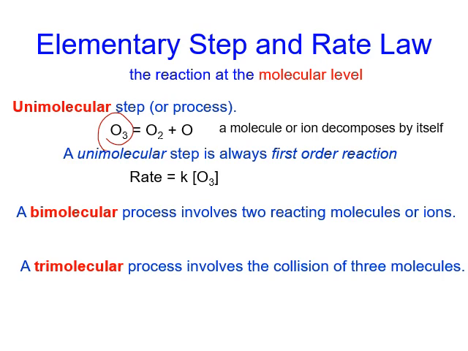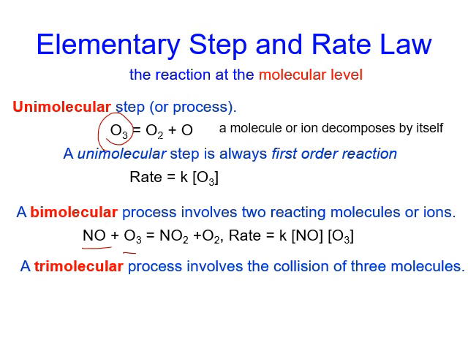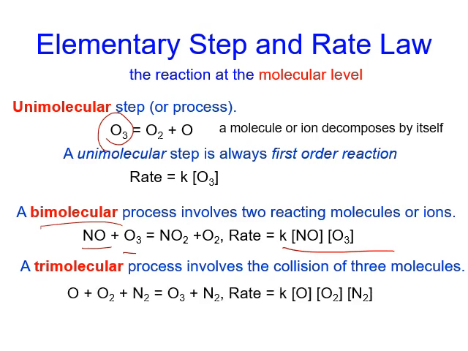Now, if the elementary step involves two reactants, such as NO and O3, then the reaction is called a bimolecular process, and the rate law is second order. If the elementary step involves three molecules, that's called a trimolecular process, and the rate law is third order.